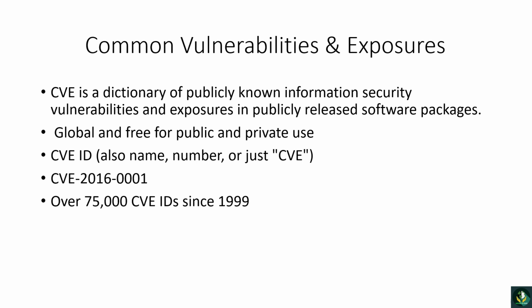The most universally recognized vulnerability report is the Common Vulnerabilities and Exposures at cve.mitre.org. The CVE is a dictionary of publicly disclosed software vulnerabilities and information exposures that have been discovered and reported by software vendors, white hats and security researchers, and is usually in the form of references to other documentation.